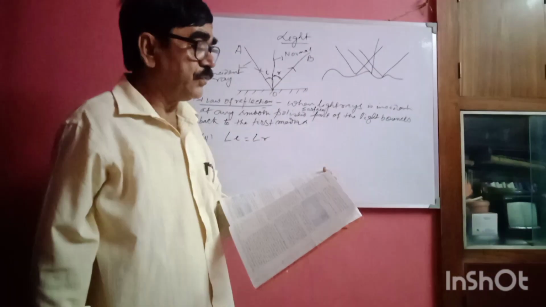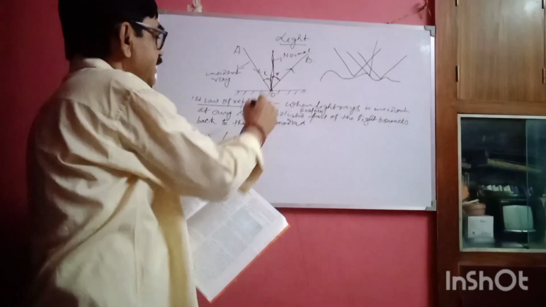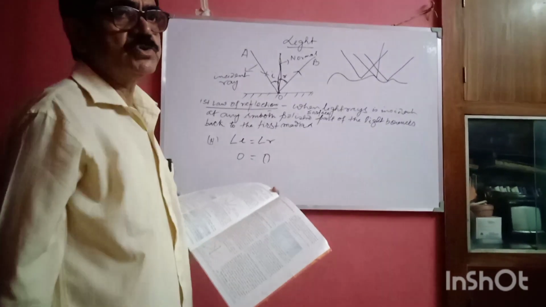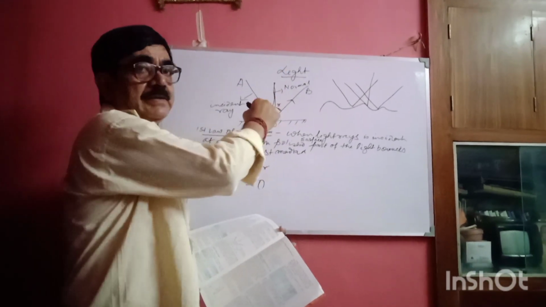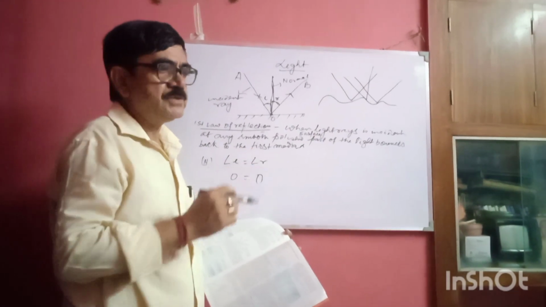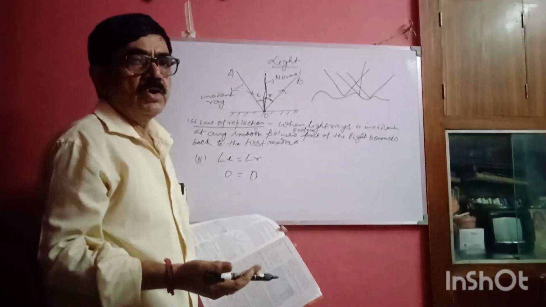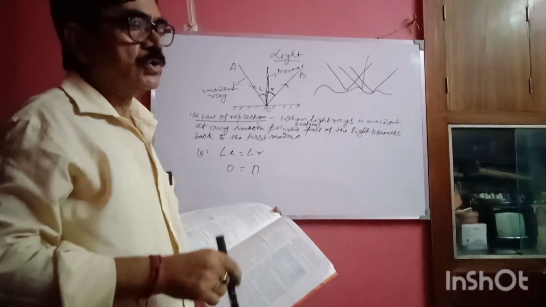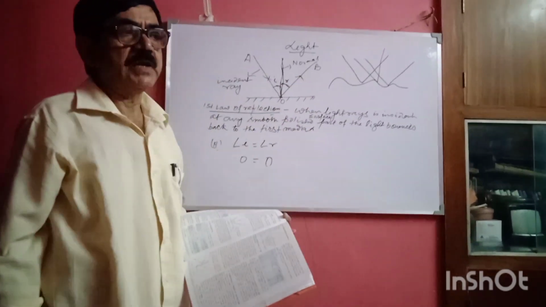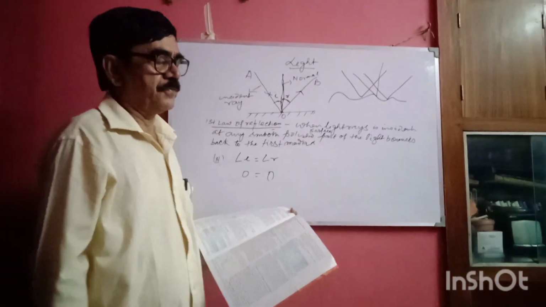For a ray of light which falls normally, the incident angle is equal to 0, so obviously the reflected angle will also be 0. If any ray falls vertically onto the mirror, then the incident angle is 0. As the angle of incidence is 0, the reflected angle will also be 0. So any ray that falls vertically onto the reflecting surface will bounce back along the same line. Understood?